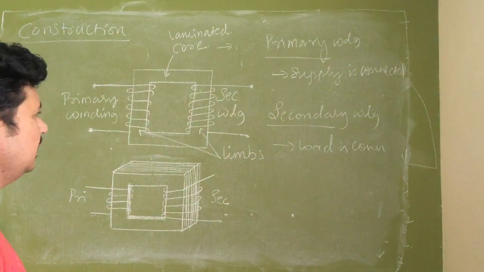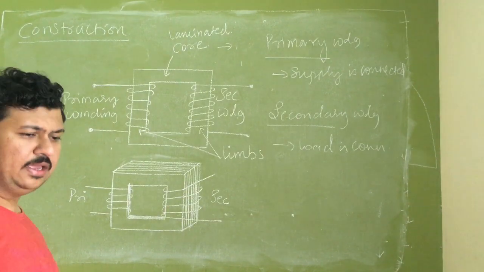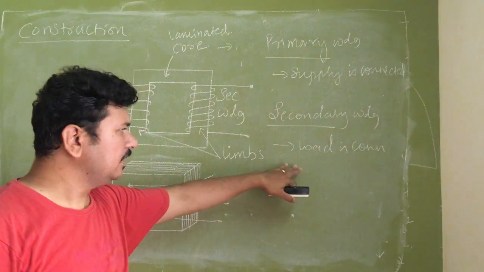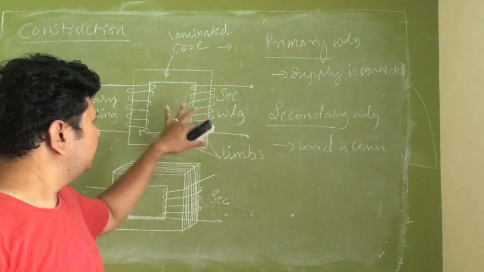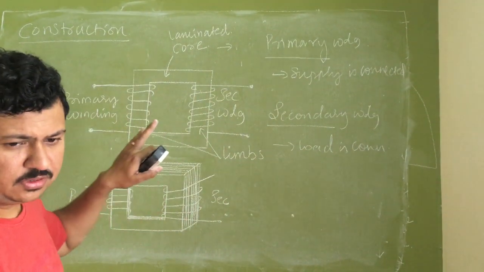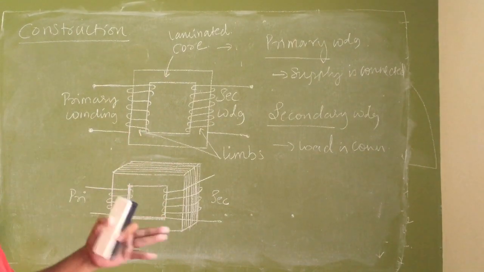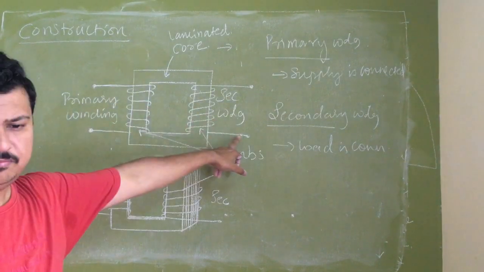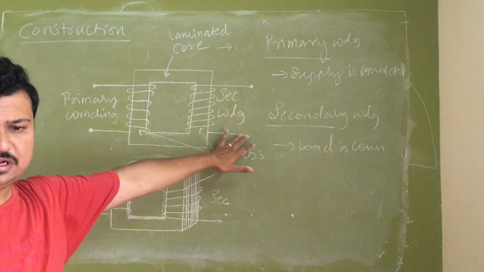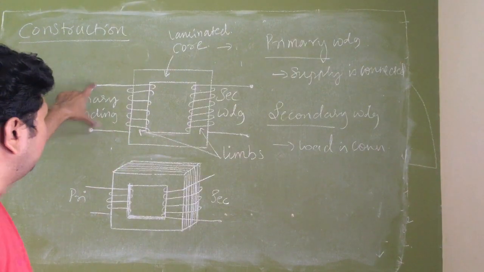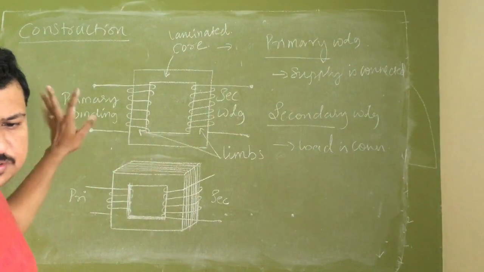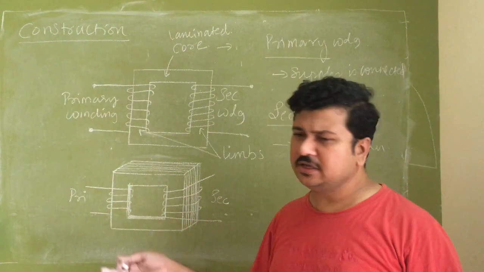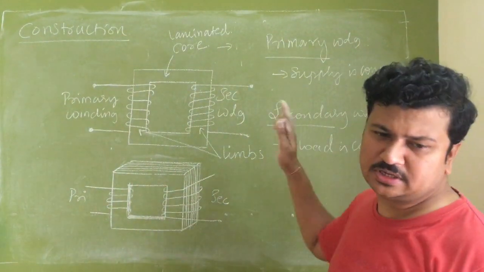But in general, whichever winding I connect the supply voltage to is primary, and whichever winding I connect the load to is secondary. The transformer is a bilateral device, so primary and secondary are not fixed. If I connect supply here and load here, this becomes primary and this becomes secondary. If I connect load here and supply here, then this becomes primary and this becomes secondary.